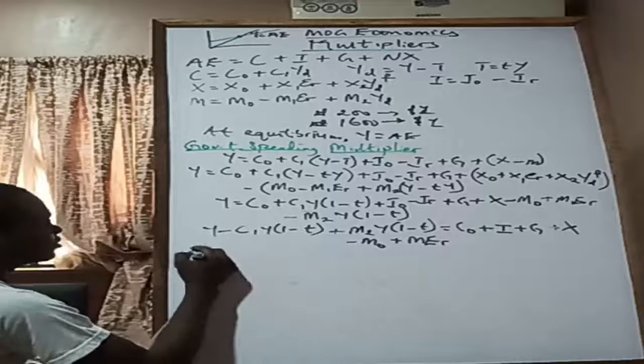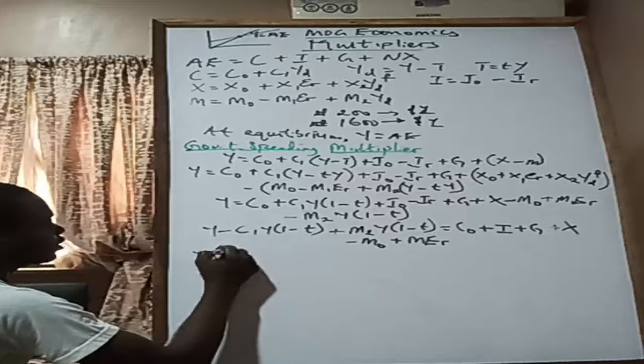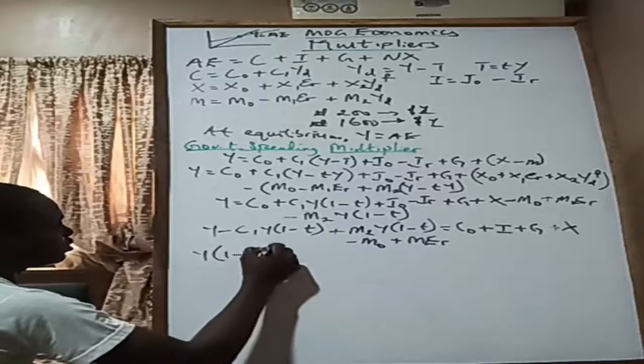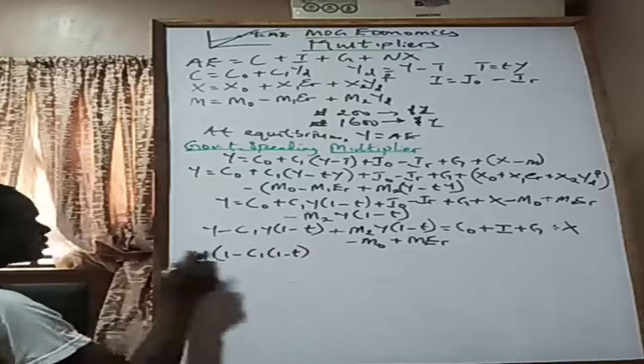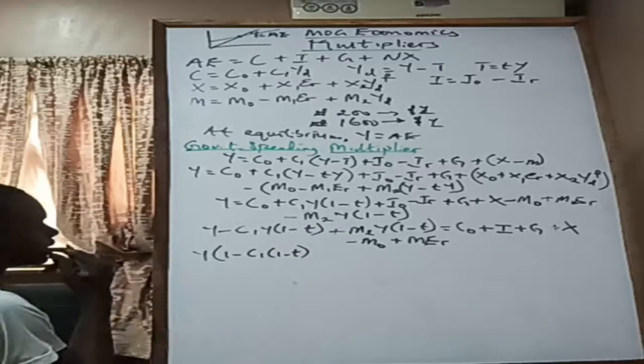All right. So collect items, so Y into brackets 1 minus C1, 1 minus T, right? Because C1 is holding this guy together.